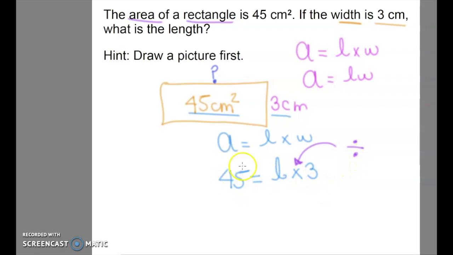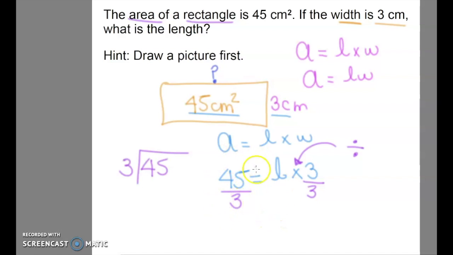I'm going to set it off to the side. I'm going to have 45 live inside of my house, and my 3, because if I divide both sides of my equation by 3, this is what I'm going to have.